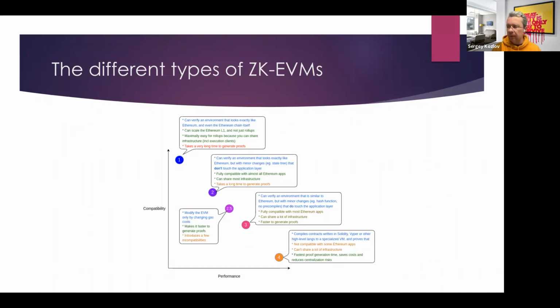Another thing is that it's really complicated to generate this type of proofs. Here we have a classification provided by Vitalik Buterin, the founder of Ethereum, in which we see that there are four, or even five, possible types of ZK-EVMs, starting from the first to the fourth.